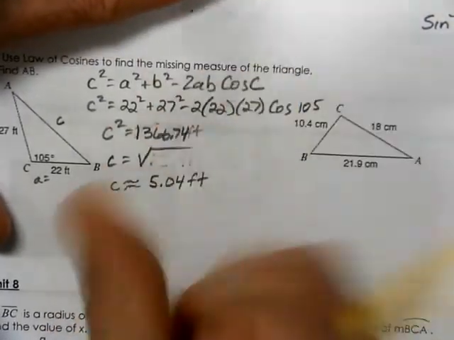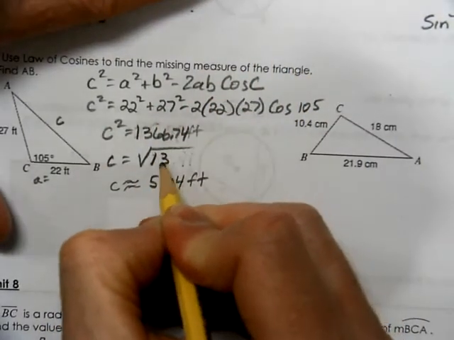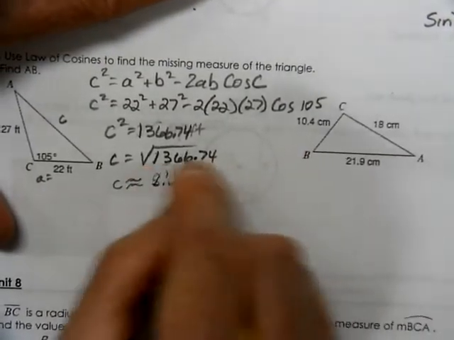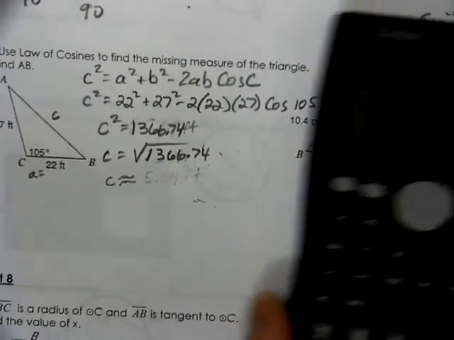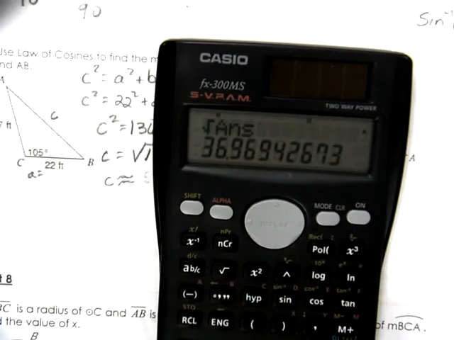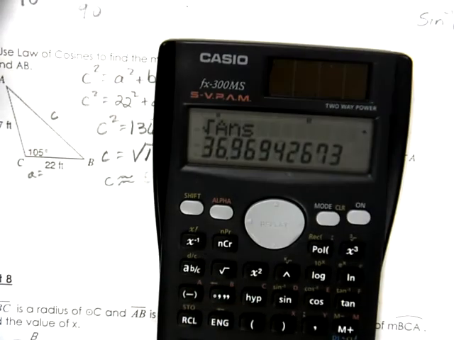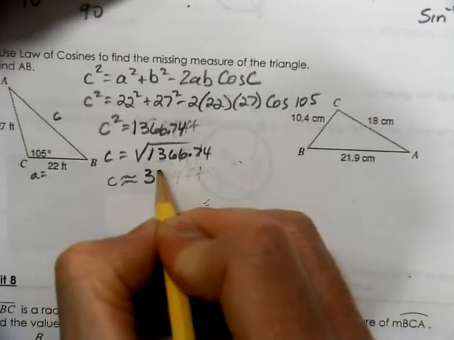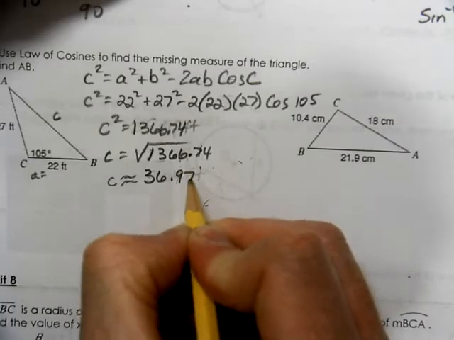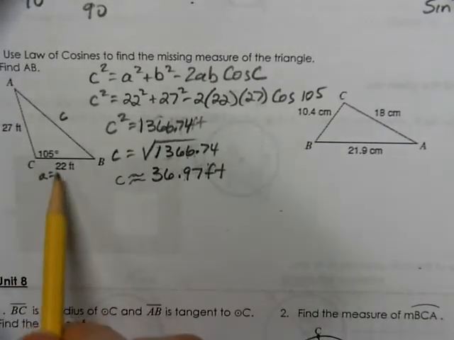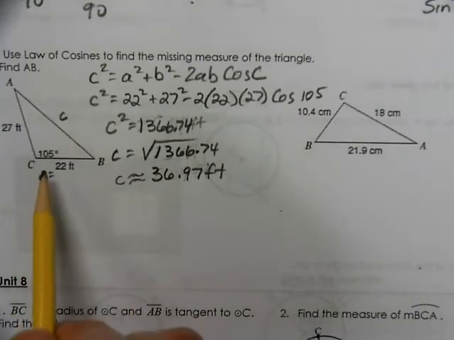We'll take the square root of our answer, and we come up with 36.97. That's much better, because that's longer than our other two sides.